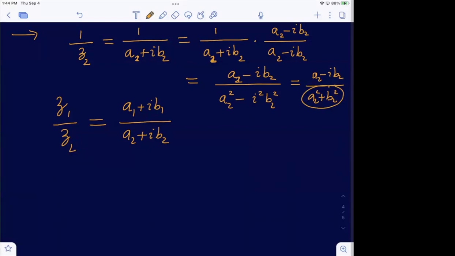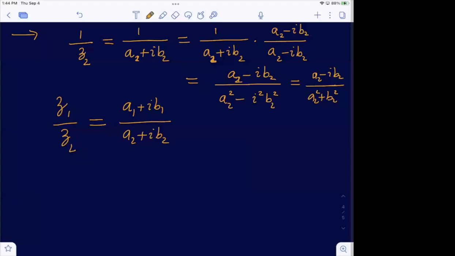It's the square of the real part plus the square of the imaginary part. So that leaves the imaginary component located only at the top.